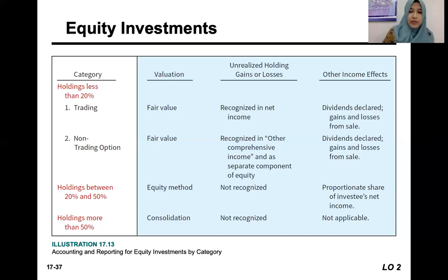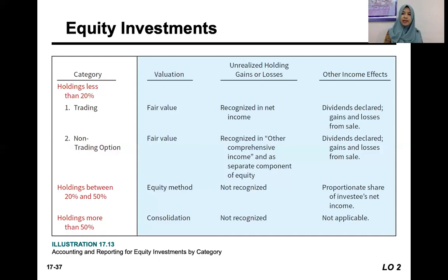When we use the equity method, we don't recognize any unrealized holding gain or loss because we don't base it on fair value. But it has income effects, because if the investee, where we invest our money, makes a profit during the year, we will recognize a certain percentage of that profit as our profit, and it will increase the value of our equity investment.